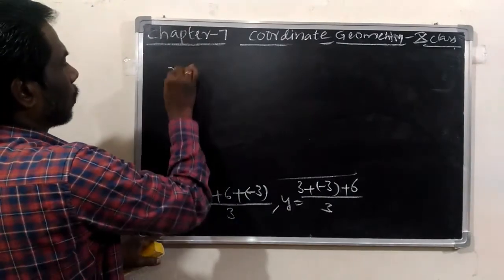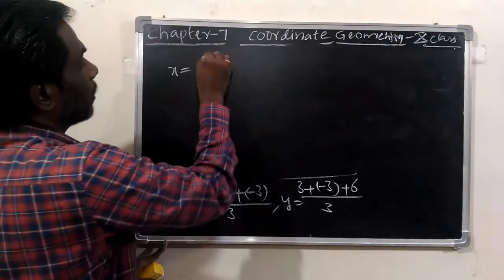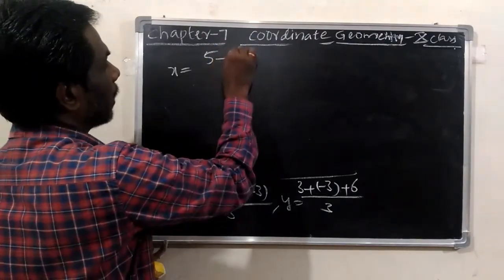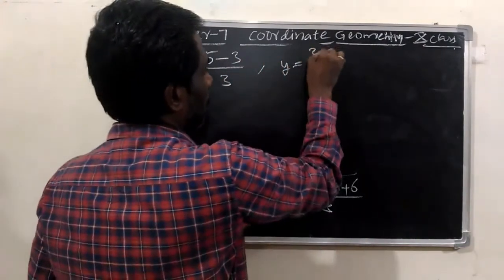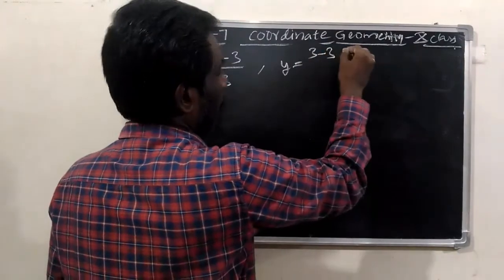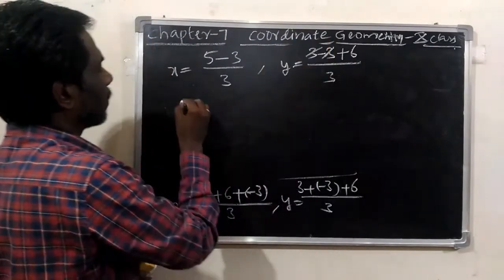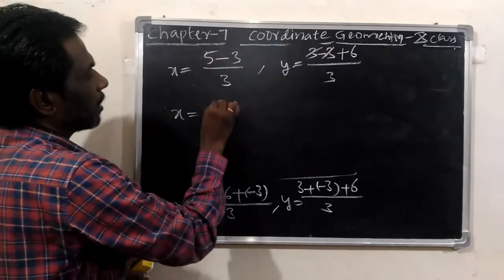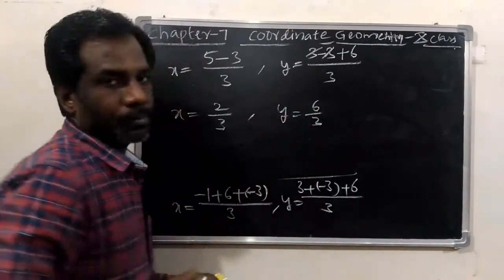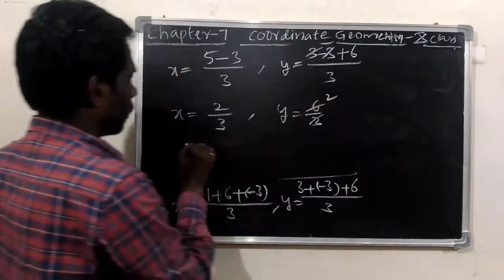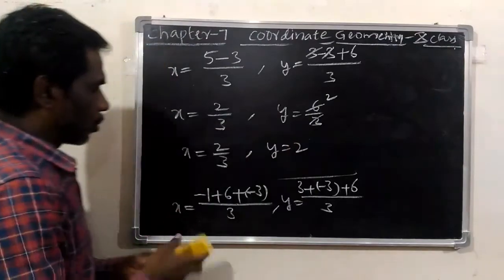We get x equals -1 plus 6, which is 5, plus -3, by 3, comma, y equals 3 plus -3 plus 6 by 3. The plus 3 and minus 3 get cancelled. So x equals 5 minus 3, which is 2, by 3, comma, y equals 6 by 3. 3 ones are 3, 3 twos are 6. So x equals 2 by 3, comma, y equals 2.